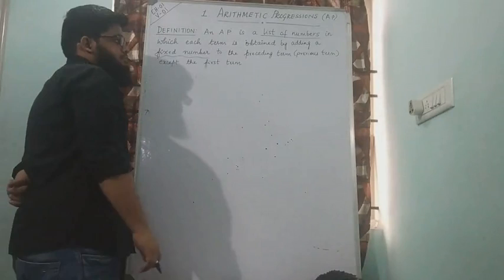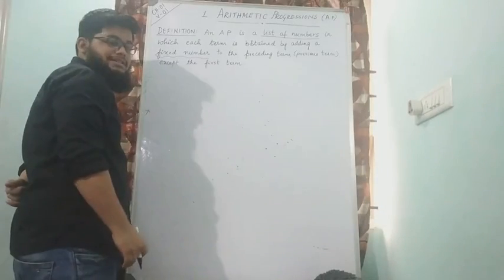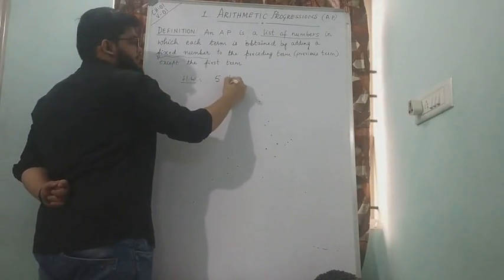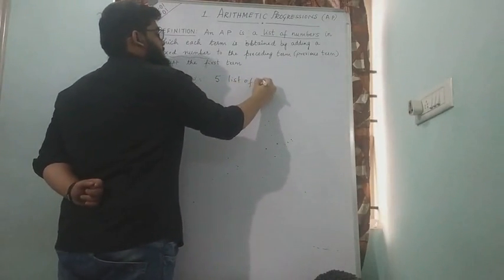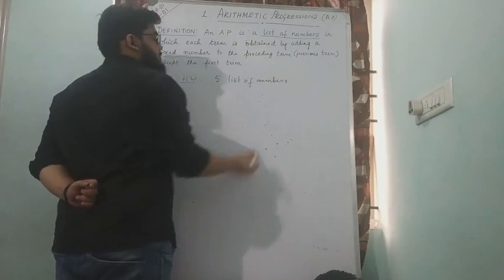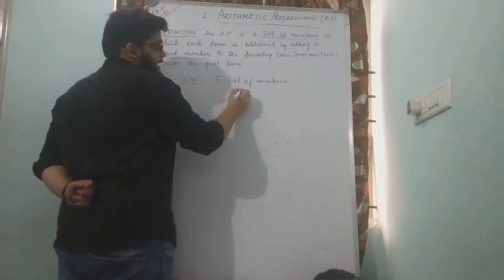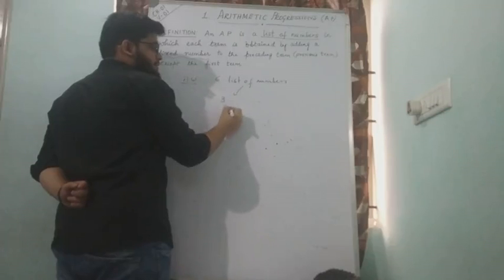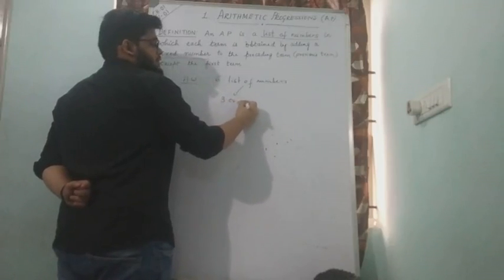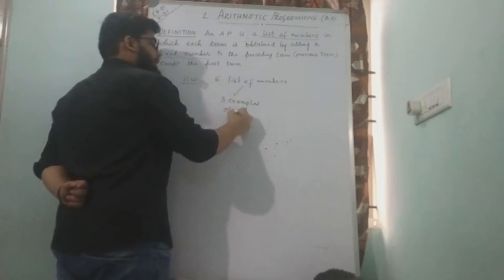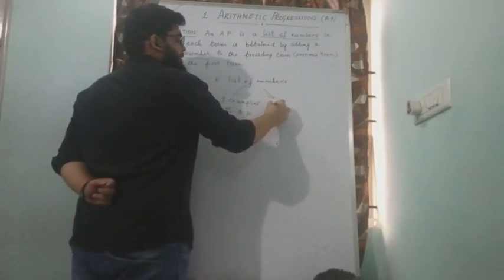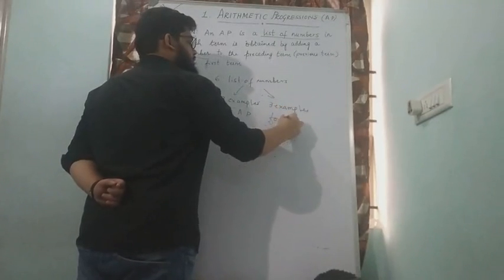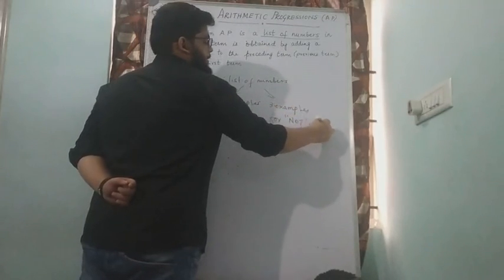So now I'll give something as homework. Your homework will be that you have to write 6 lists of numbers, where you will give 3 examples of AP and 3 examples of not an AP.